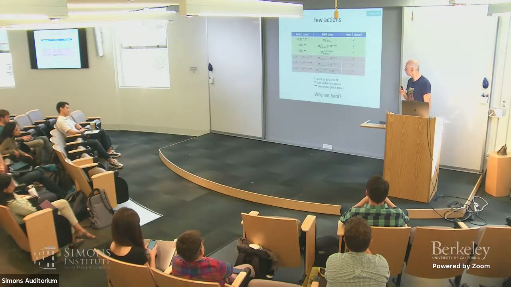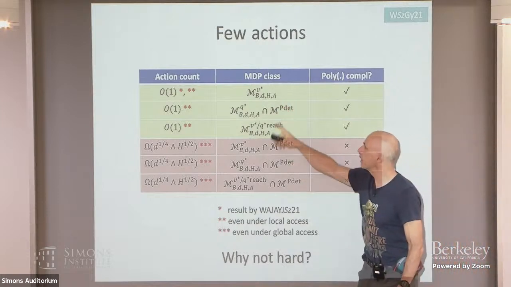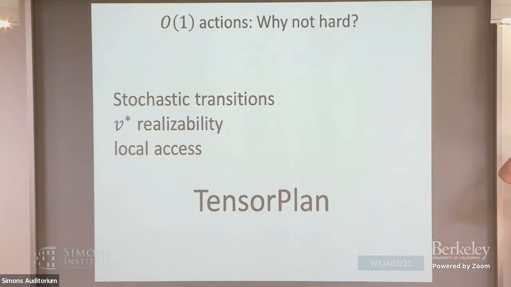All right. Okay, so I actually want to start with the green rows. Why these problems are not hard. I'm just going to talk about this setting, and you can generalize it to the other settings. So we have a constant number of actions, stochastic transitions, V star realizability, and local access.